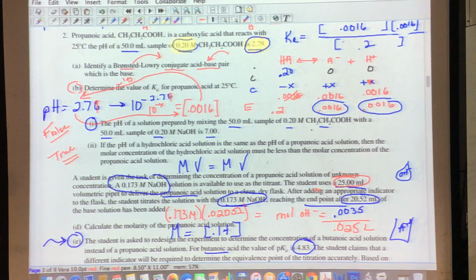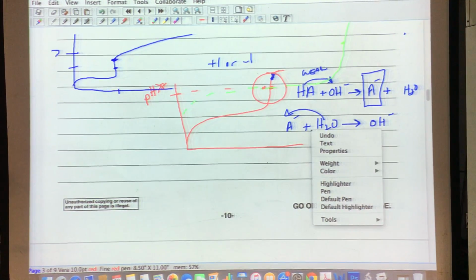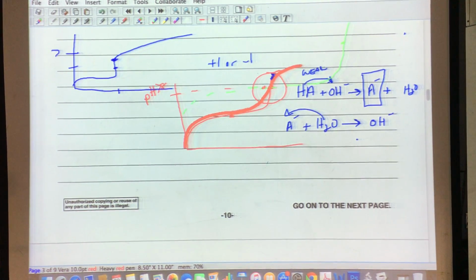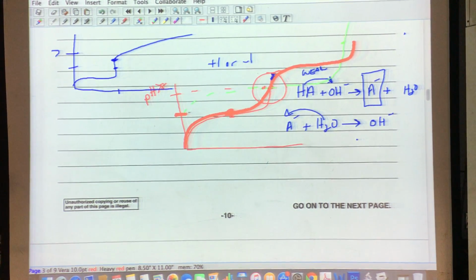Yes? Let's say the pKa for one of them was much, much lower, what would that do to which indicator you use? If the pKa was lower, that would mean that your curve, let's look at this one right here. Here's my curve. This is my buffer region where we get the Ka's, right? Max buffer position.